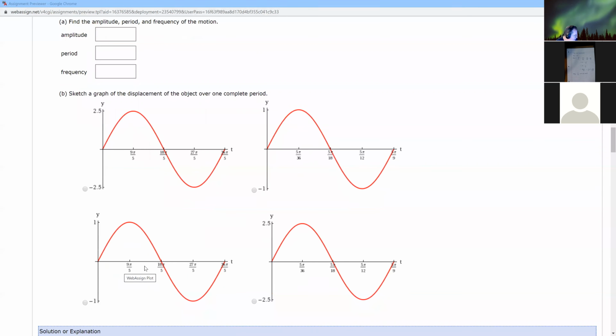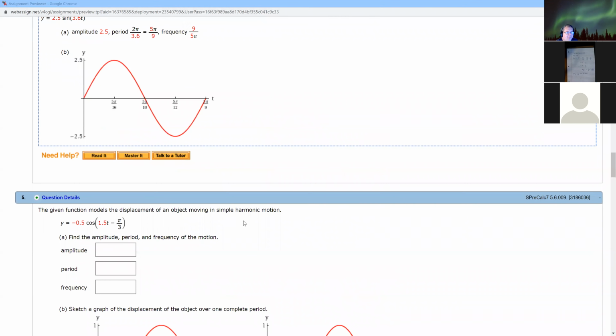And I want it to have a period of 5/9. And do you see it's this one here? How do I know it's 5/9? Well, if you look really carefully, do you see the 5/9 there? 5 pi over 9, 5/9. Yeah. So it's that one.